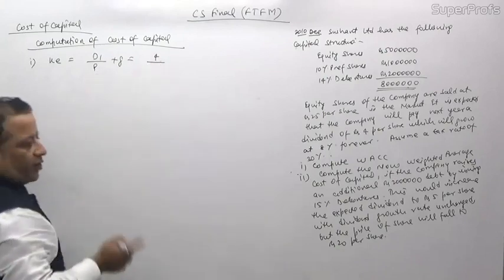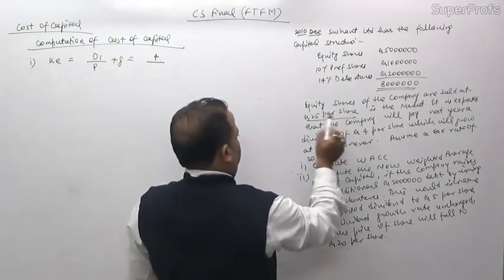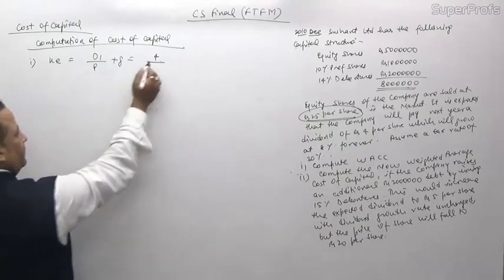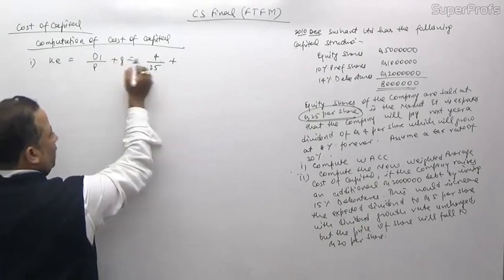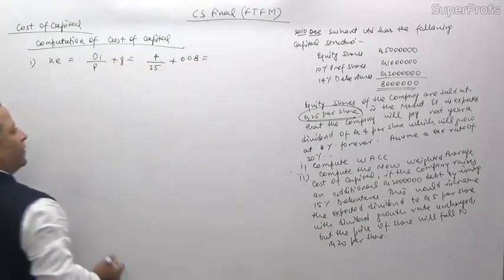P stands for the flotation price, if not given, then the market price. The market price is rupees 25 per share, and the growth rate is 8%.